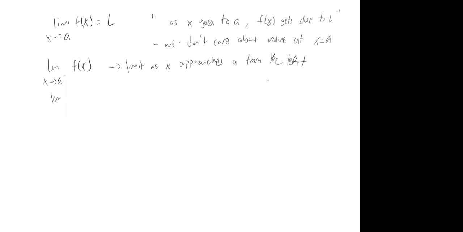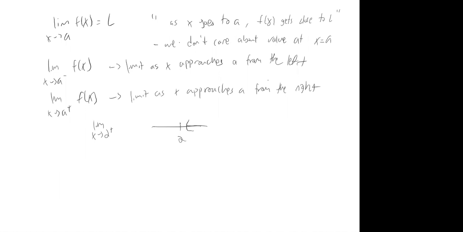And similarly, we have from the right. How you should think of this is, for example, limit as x goes to 2 plus, you're taking numbers like 2.001, 2.00001.